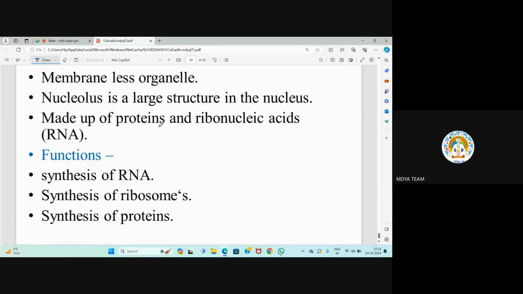Now, the function of nucleolus is synthesis of RNA. Do you know the meaning of synthesis? Production. Yes. So the nucleolus produces RNA, ribonucleic acid. Synthesis of ribosomes. What are ribosomes?